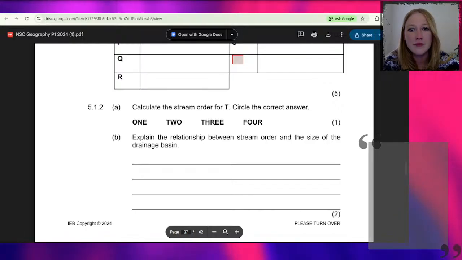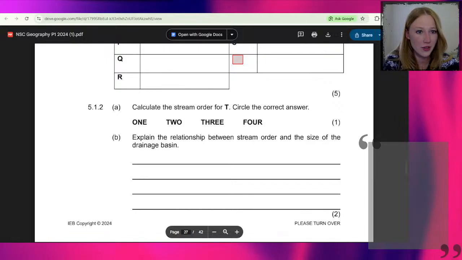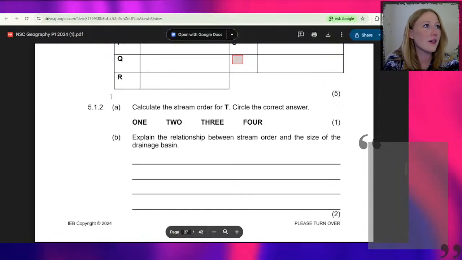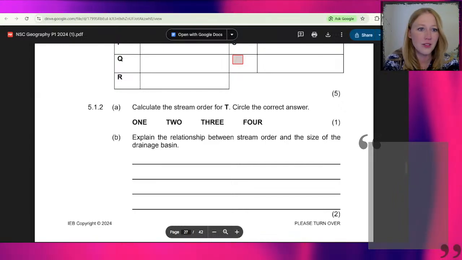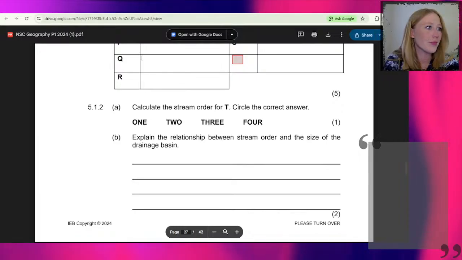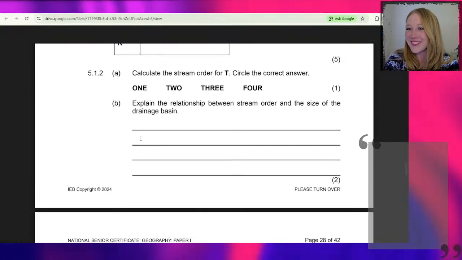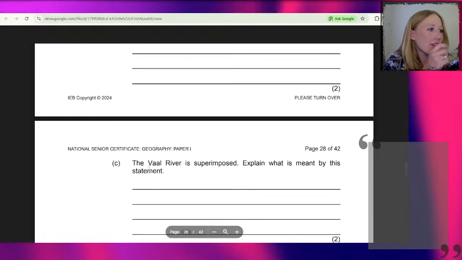Sorry, let me just figure out what's going on over here. No, don't do that. Okay, no, that's fine. Oh, country in the Middle East, that's cool.